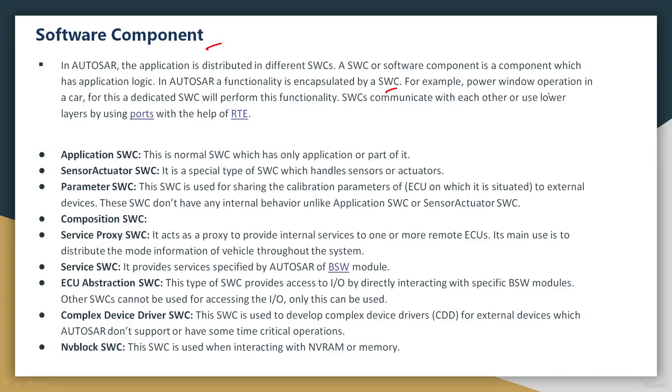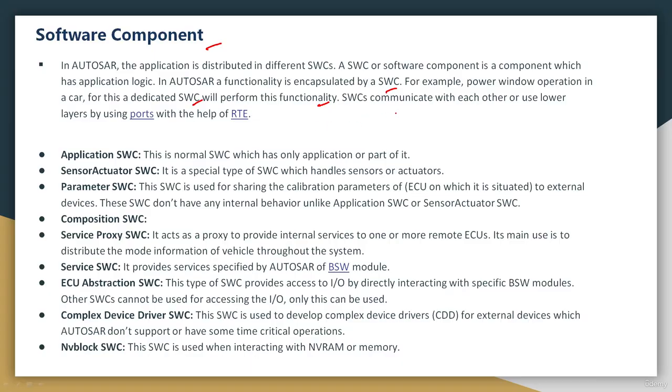For example, power window operation in a car. So for this, we will have a dedicated software component which will perform this functionality based on the input of switches. If we have to pull the window down or up, that depends on the input of switch. And to handle that logic, we will have a piece of code written in software component which will be part of your application.